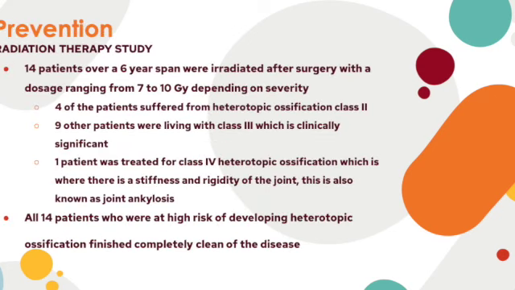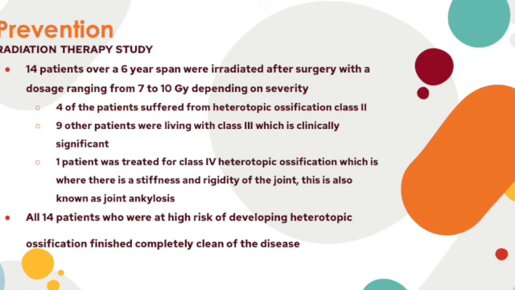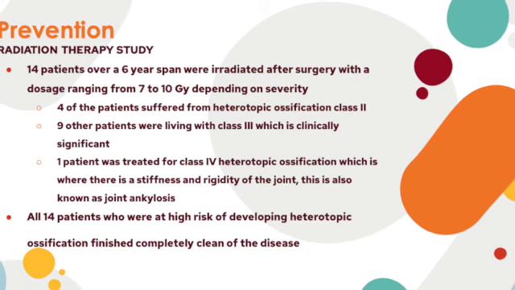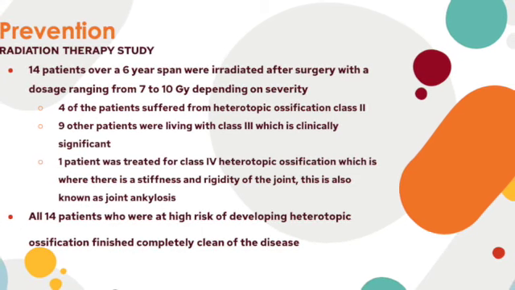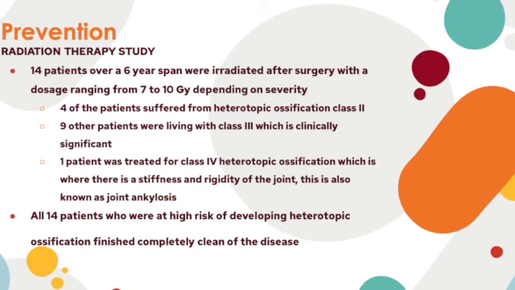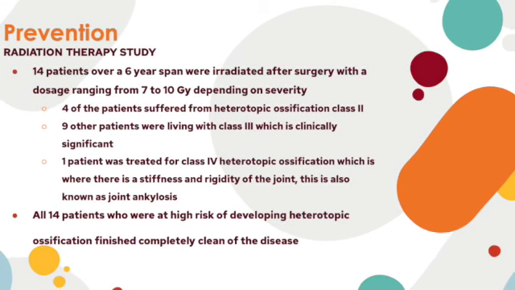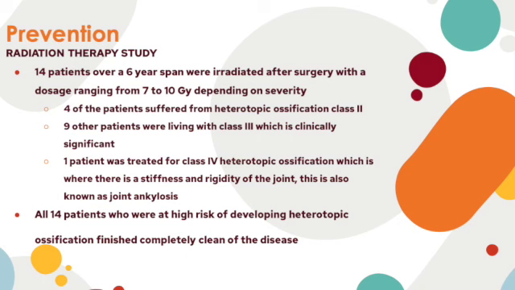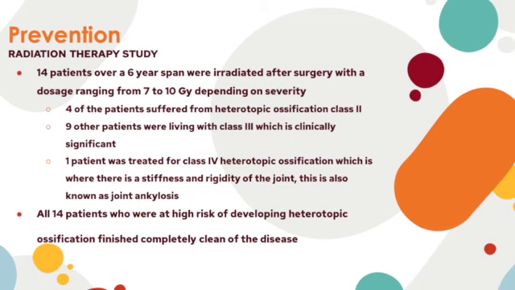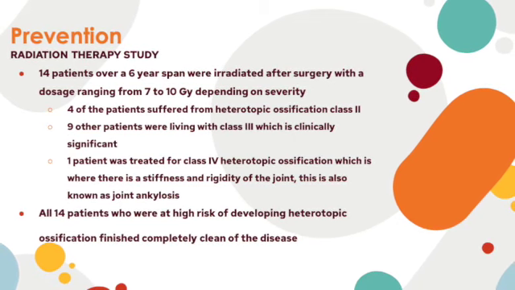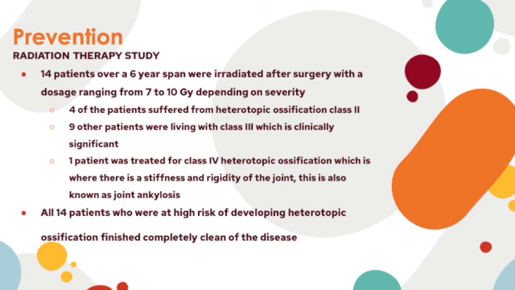There are currently 2 main prevention approaches, which include non-steroidal anti-inflammatory drugs and radiation therapy. However, radiation therapy was found to have the most amount of successful cases. In one study, 14 patients, all suffering from heterotopic ossification, underwent excision surgery and were irradiated at different dosage levels depending on severity.